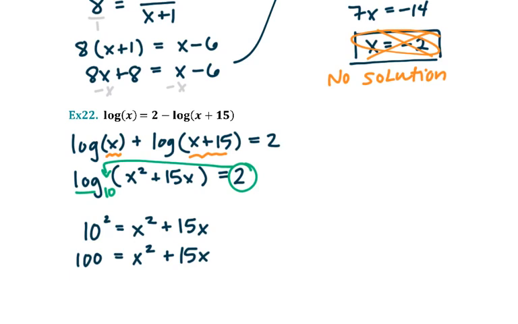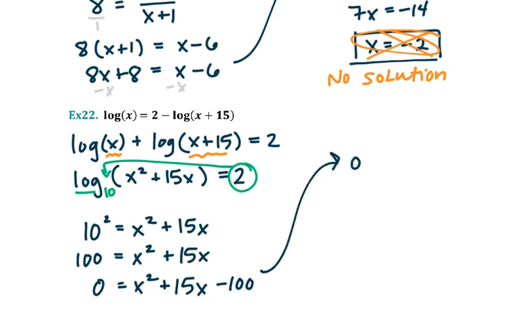And now, because I have an x squared, I know it's quadratic. In quadratic equations, we put in descending order equal to 0, and we factor. So we're looking for 2 factors of negative 100 that are going to sum to equal positive 15. I've got 0 equals x plus 20 and x minus 5.